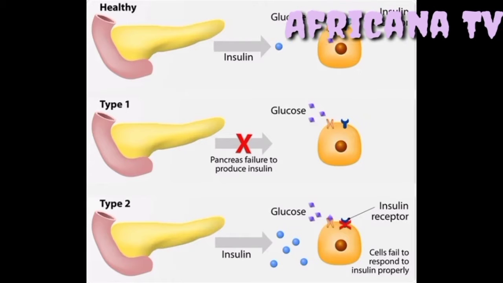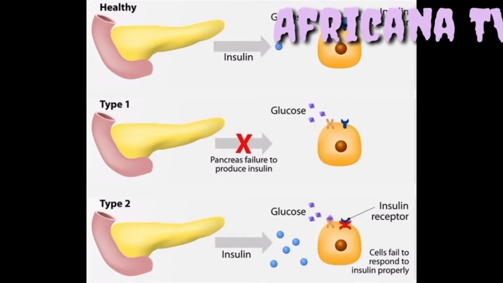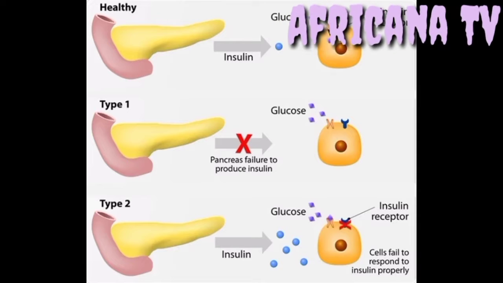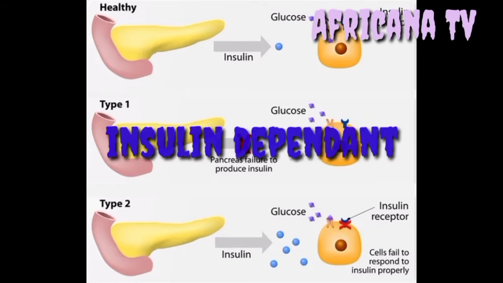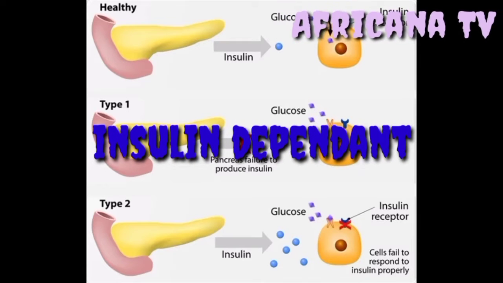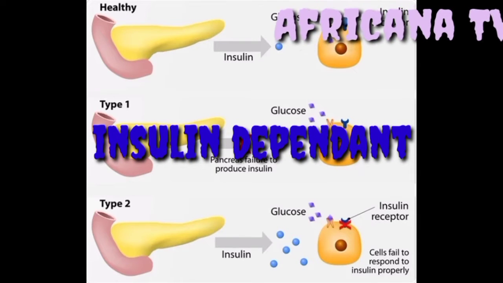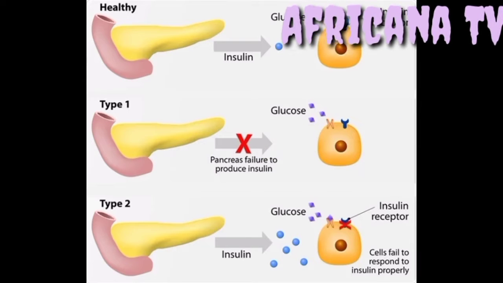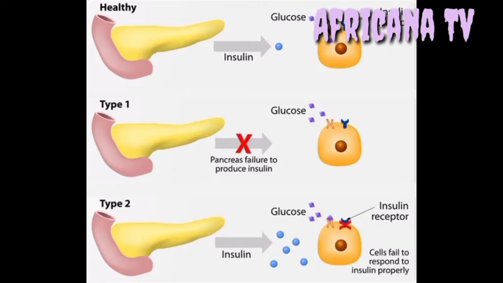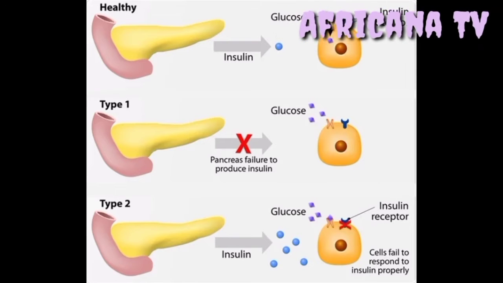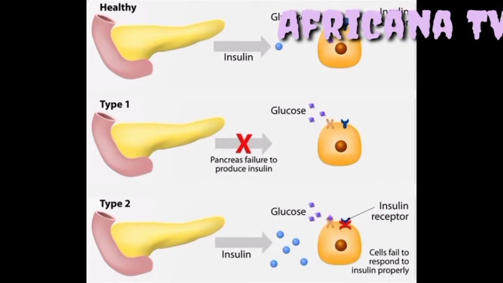Type 1 diabetes is also called insulin dependent diabetes, because we normally use insulin to manage it.